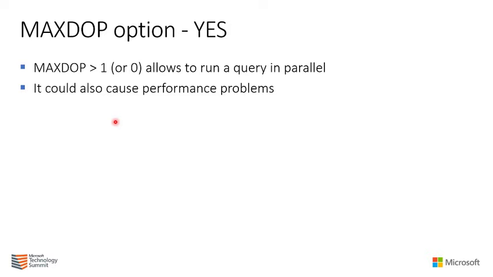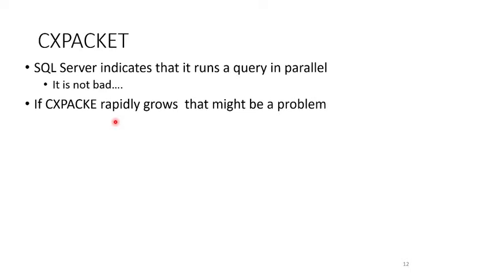And I'm talking about this in the first place because I have seen a server last week which actually has this option set to 1. And this server is slow. So when SQL Server starts running in parallel, it tells you that by setting a special flag which is called CX packet.